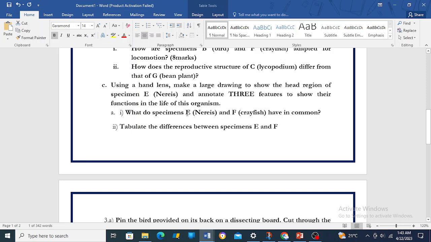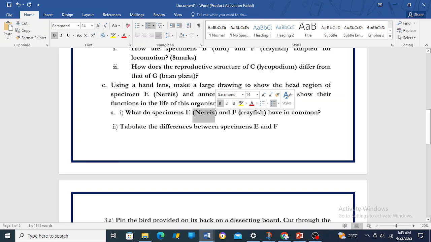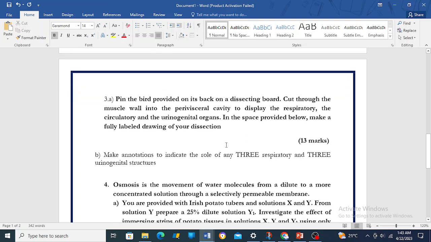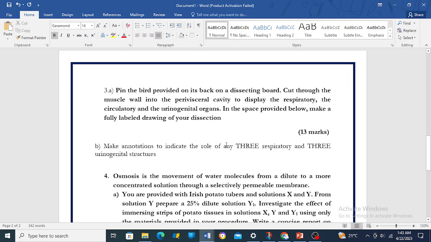So the similarities between nares and crayfish. Tabulate the differences between E and F. So (1) says give the similarities, and (2) says you should give their differences in a tabular manner.